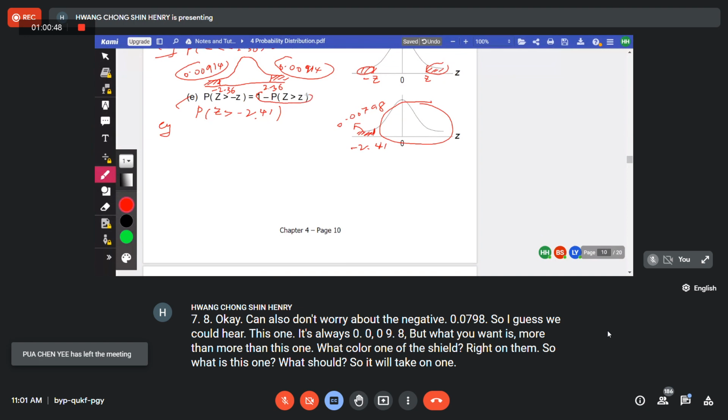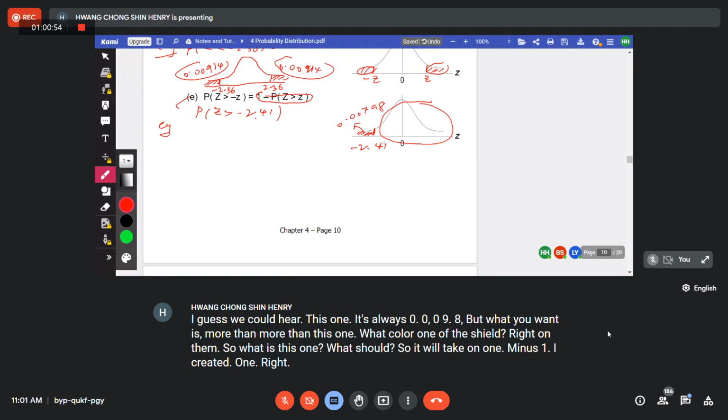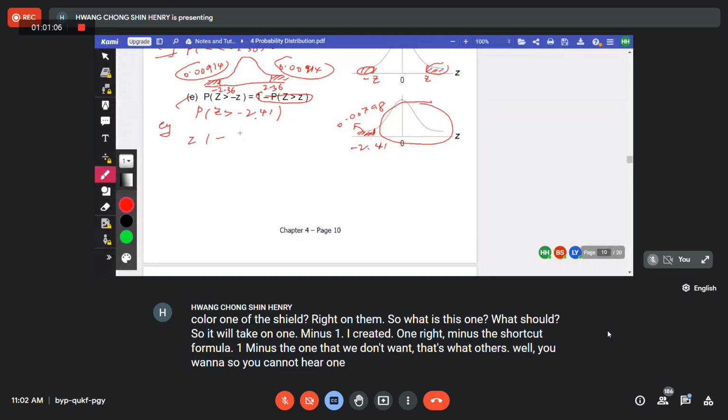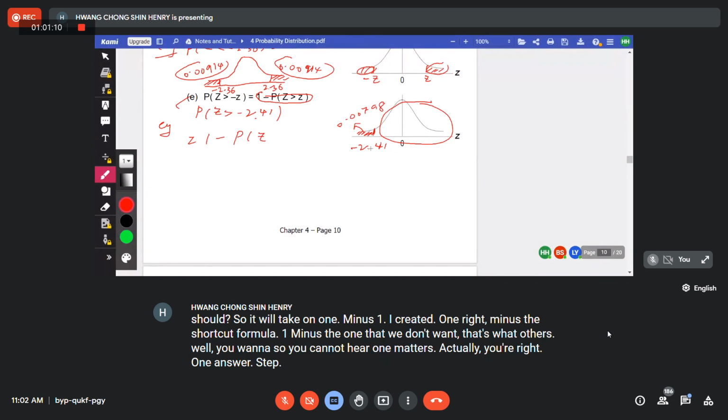1 minus, why 1? I told you the total is what? 1, right? Minus, like the shortcut formula. 1 minus the one that we don't want. That's the balance. It's the one we want. So you can write here 1 minus, is that more than?